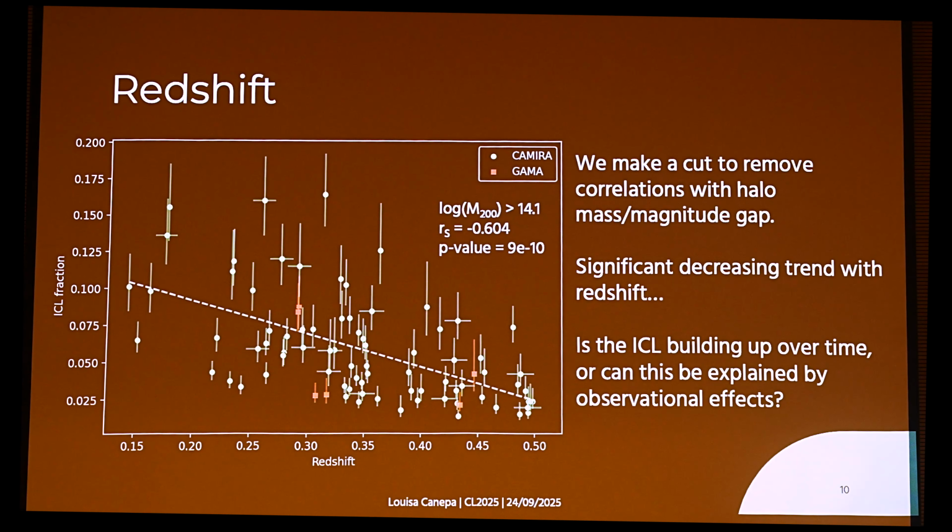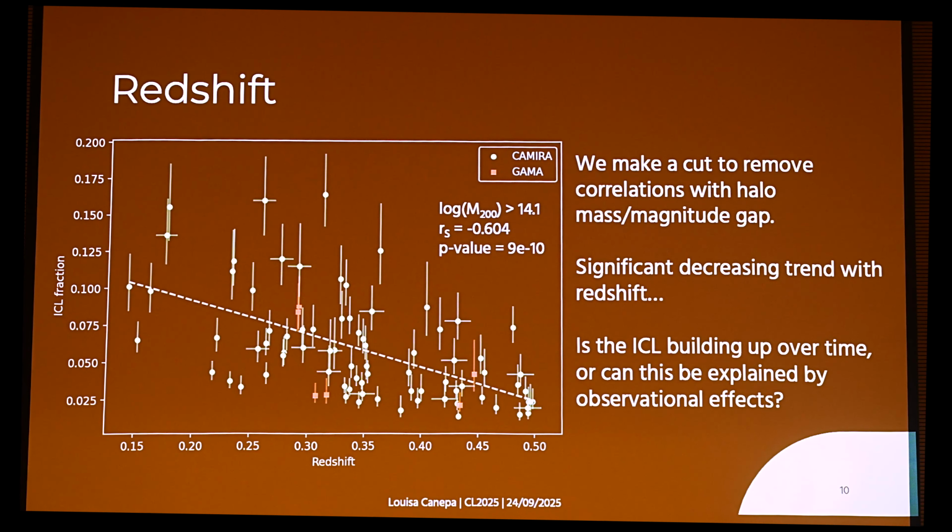Okay, so let's look at redshift first. So one thing to note here is that we make a cut in our sample in order to remove the excess correlations of redshift and halo mass and redshift and magnitude gap. So what you're seeing there is just the effect of redshift on the ICL fraction that we're measuring there. And what we see here is that there is a significant decreasing trend with redshift, with a Spearman correlation coefficient of negative 0.6-ish.